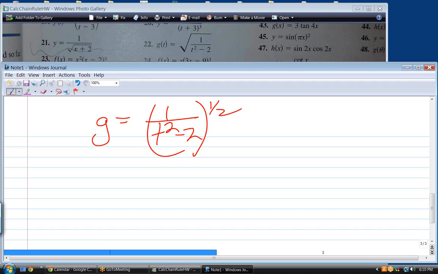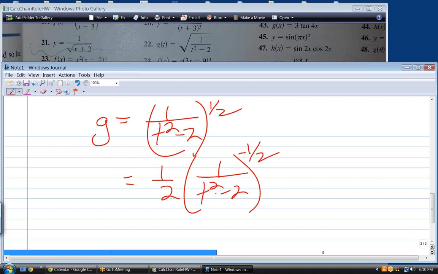So do the derivative of the outside first, so bring 1/2 out in front, and then 1 over t squared minus 2, and then to the negative 1/2 power, and then derivative of the inside, we're going to bring t squared minus 2 to the top, so we make it t squared minus 2 to the negative 1.